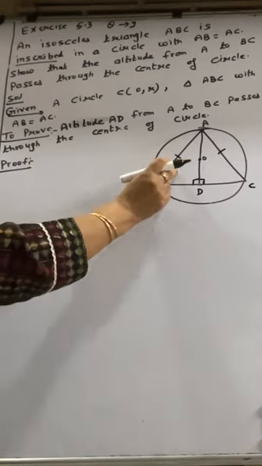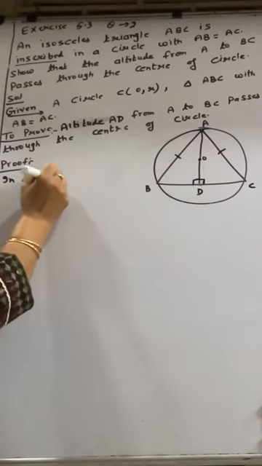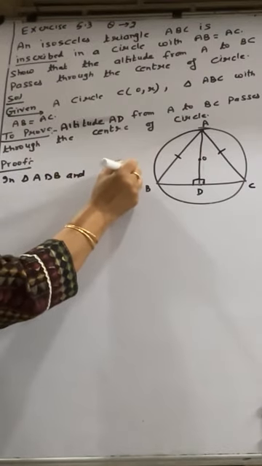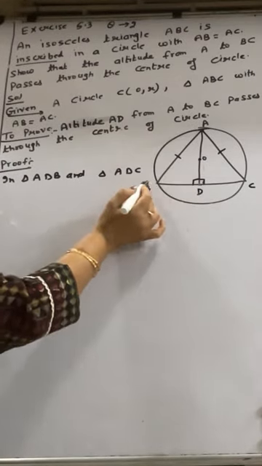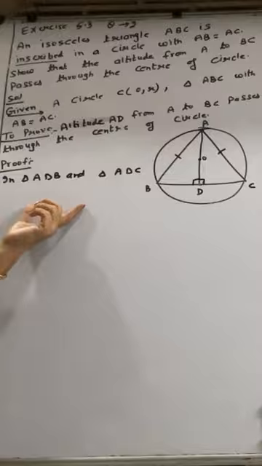Now what I will do, I will take these two triangles. In triangle ADB and triangle ADC, which two triangles have I taken? ADB, ADC. Now, first check about the common side. What is the first step? Always check for the common side.